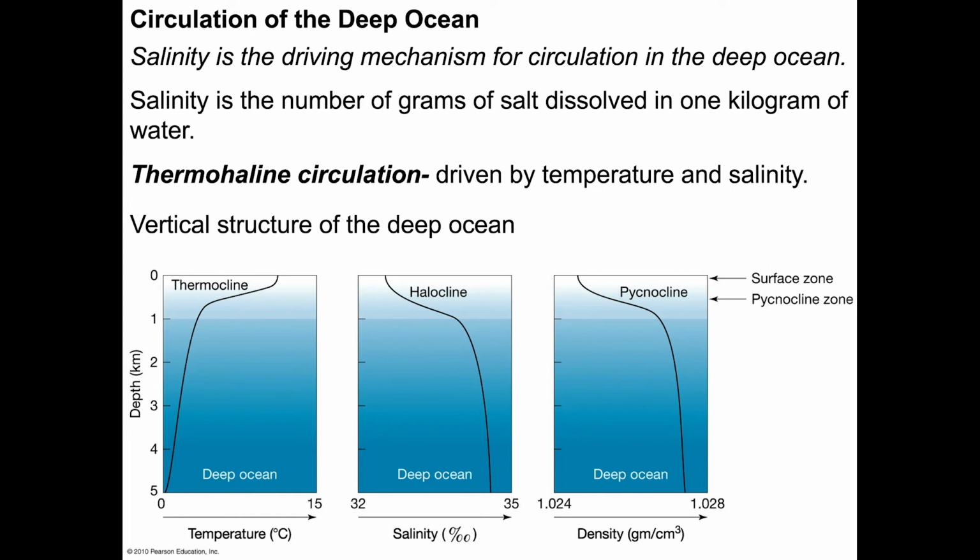So when we're talking about salinities, we'll talk about a salinity of 32 or 36. That means 32 or 36 parts per thousand dissolved solids. Now, we combine the saltiness aspect of circulation with the temperature aspects of circulation. We end up with thermohaline circulation, temperature and salt-driven circulation.